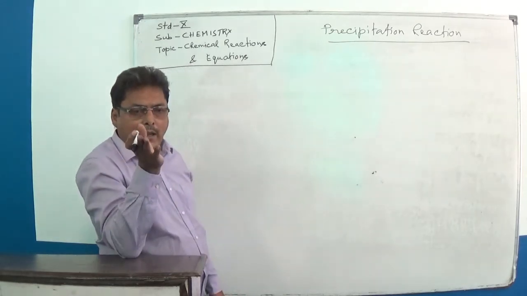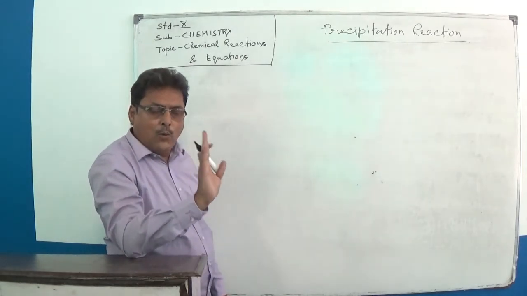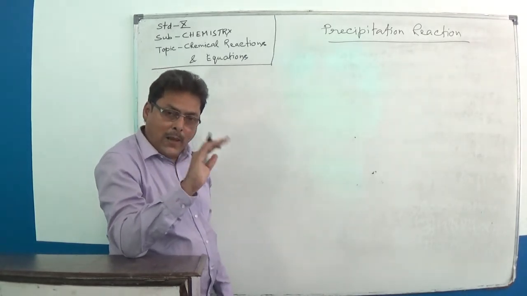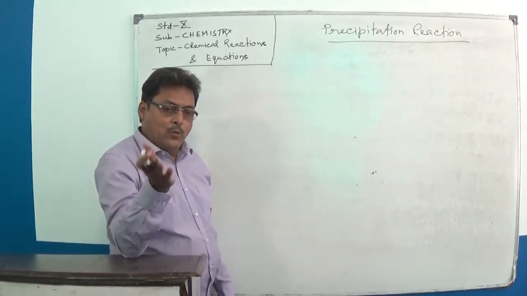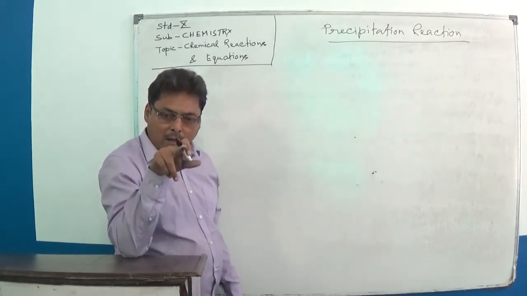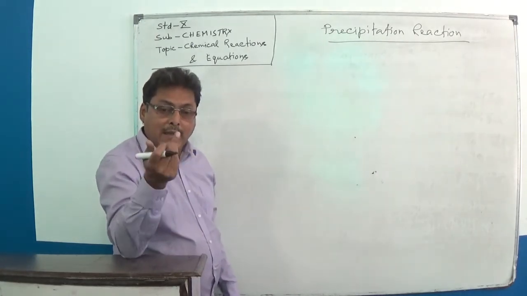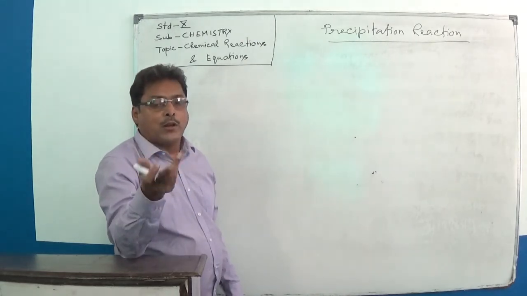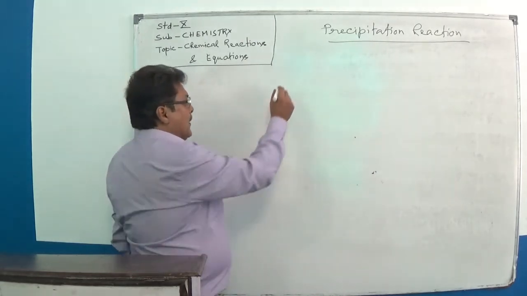If you have any doubt about whether the formulas are balanced, I am suggesting you stop the video and write them down. Check if they are balanced. If not, do it. Right?